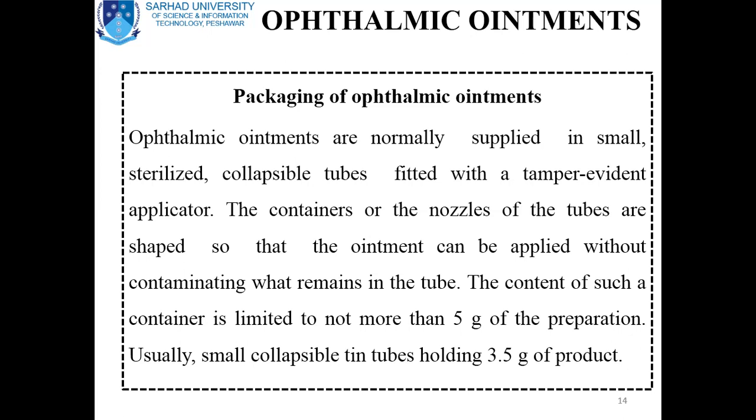Collapsible tubes, just like we use for ointment and toothpaste. Here you know that toothpaste containing tubes are collapsible, and these are not small. Larger amount is there as compared to the ophthalmic ointments, and fitted with a tamper evident applicator.